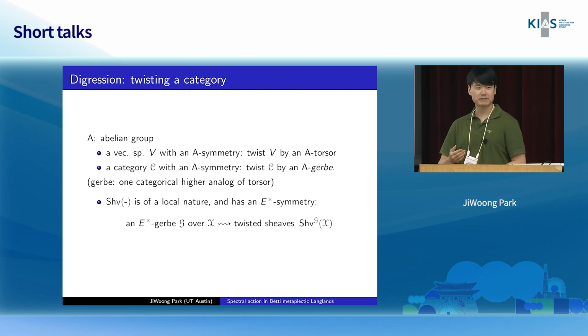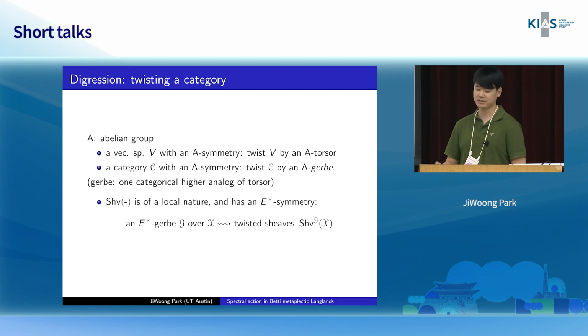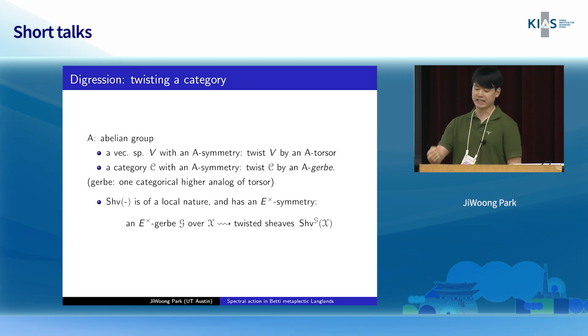The formation of sheaf categories is of a local nature, and it has a natural E-cross symmetry. E-cross is the group of units, just because our definition of sheaves is sheaves of E-vector spaces. So doing the sheafy version of the twisting construction, what we get is that given an E-cross gerbe over some space, you get the category of twisted sheaves on that space.